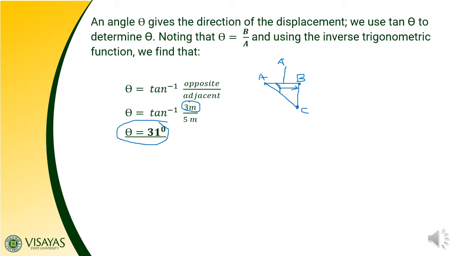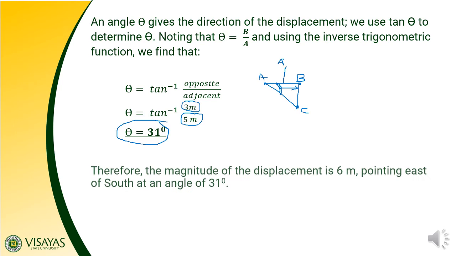Pero, yung gagamitin natin dito ay yung value ng opposite tapos adjacent, or point B to point C, which is the opposite, and point A to point B, which is the adjacent. So, the value for adjacent is 5 meters. So, meron tayong 31 degrees. So, yung angle na ito ay 31 degrees.